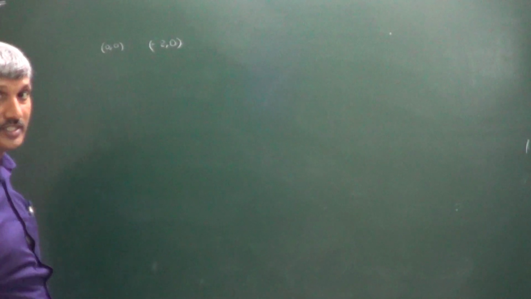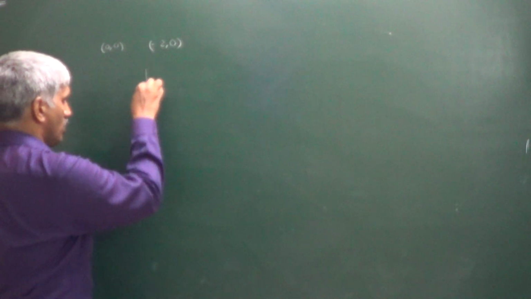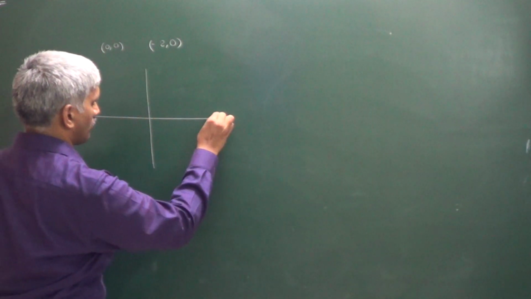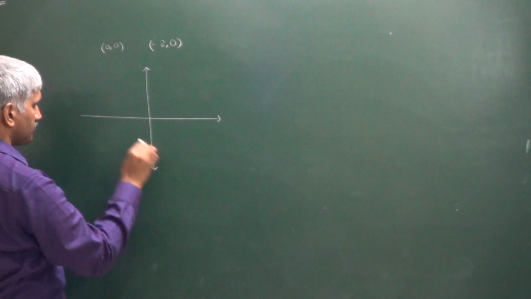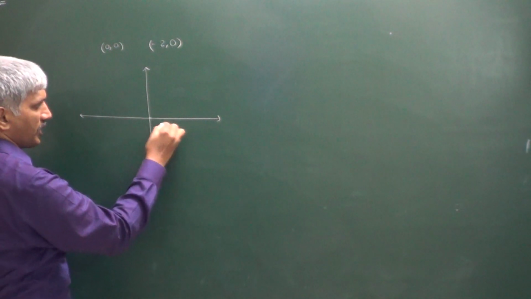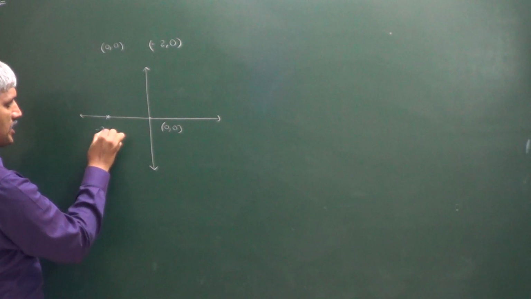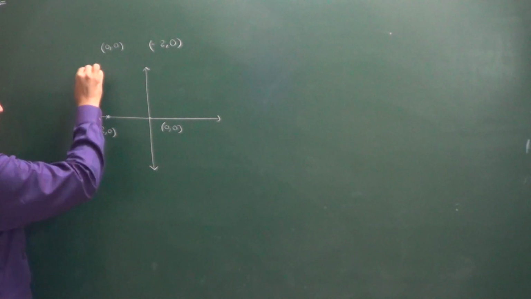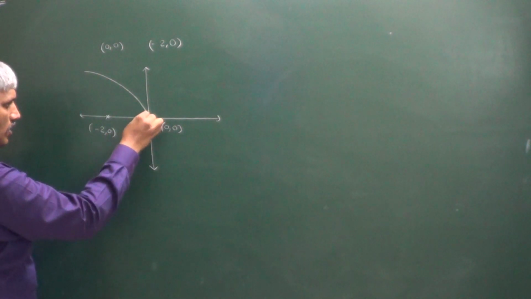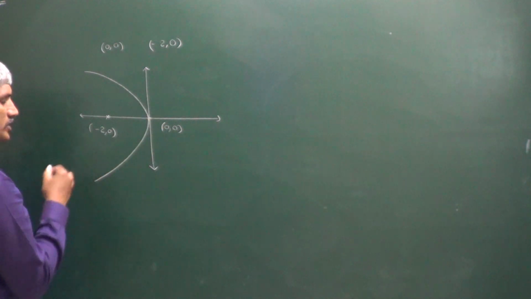Now the question is given like this. The vertex is (0, 0) and the focus is given as (-2, 0). Observe here, the focus is now (-2, 0). The vertex is given the same (0, 0), but the focus is given as (-2, 0). That's why we have to think about this parabola. This is the parabola.